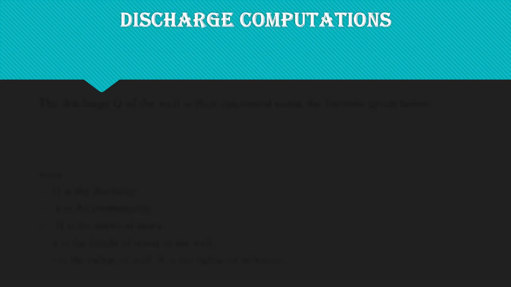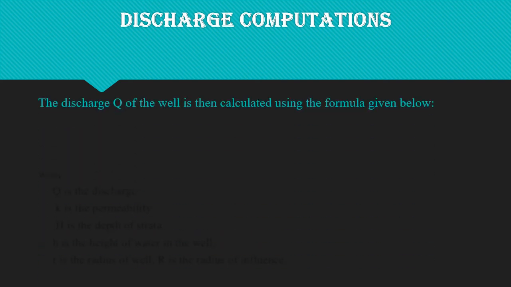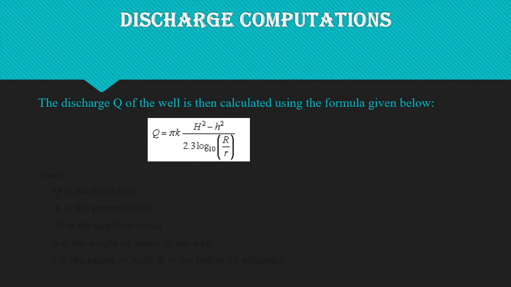Next step is discharge computation. The discharge Q of the well is calculated using the formula Q equals pi k into (H squared minus h squared) divided by 2.3 log 10 to the base R by r. This equation is already studied in well hydraulics in the previous semester in water resource engineering.